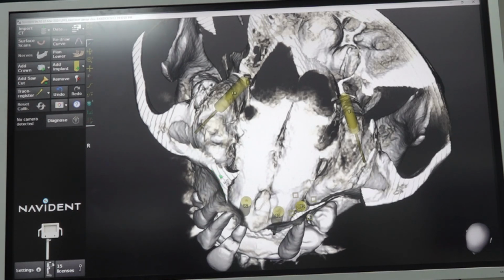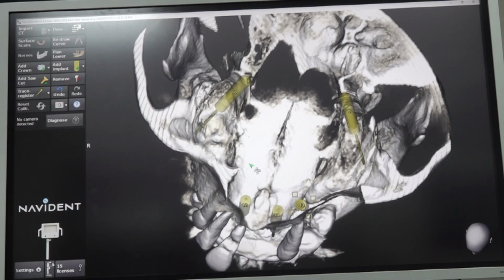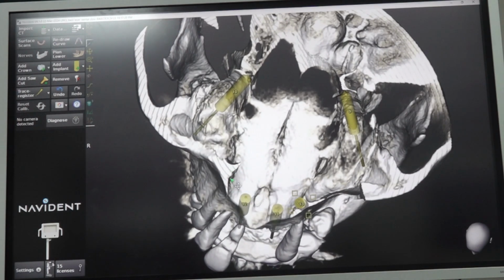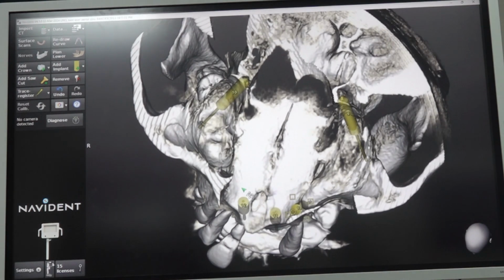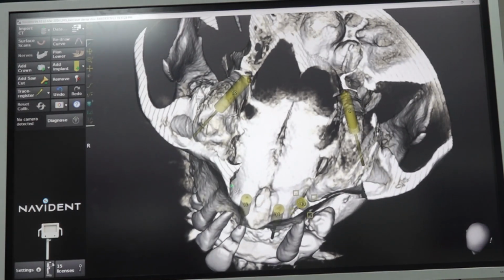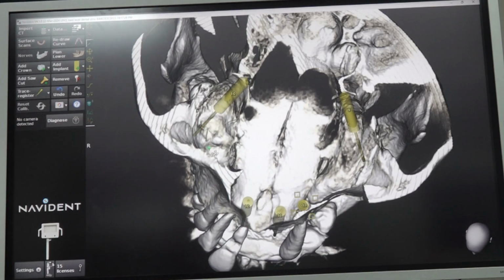Buccally by the buccal bone. Okay. Anteriorly by the nasal cavity. Distally by the sinus. So the more the sinus is back, the more it is good for the operator. Okay. The nasal cavity won't enlarge. That is a good thing. Okay. Right? The nasal cavity is constant. But the only thing is the sinus is the variable.